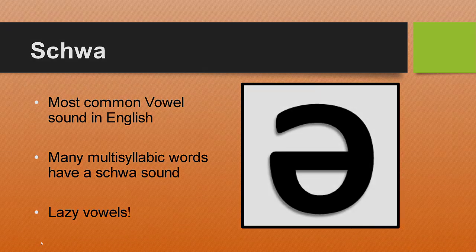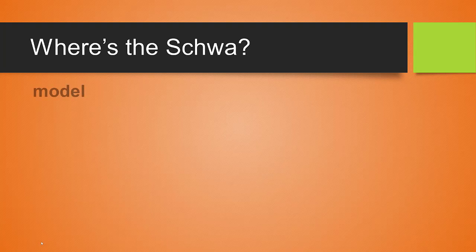So let's take a moment to look at that. So look at the word model. Do you notice how the E at the end, when we say model, it doesn't make the short E sound? That would be model. But we say model. So notice that the vowel sound is a little bit lazy, not making a true short or long E sound.